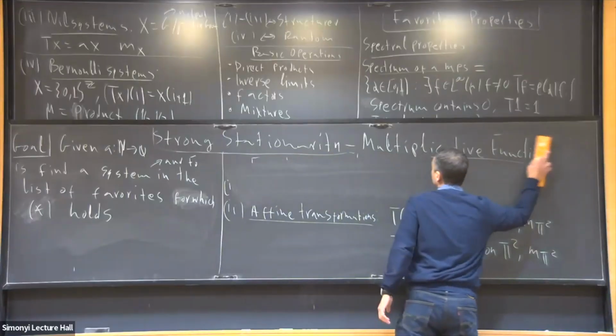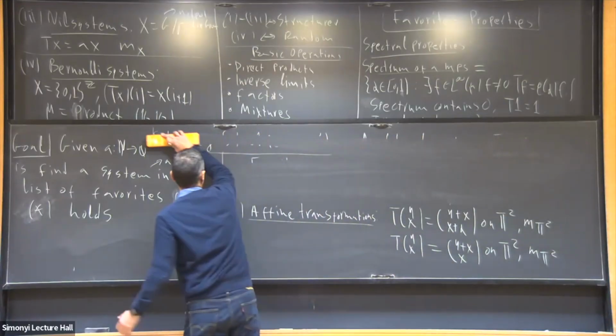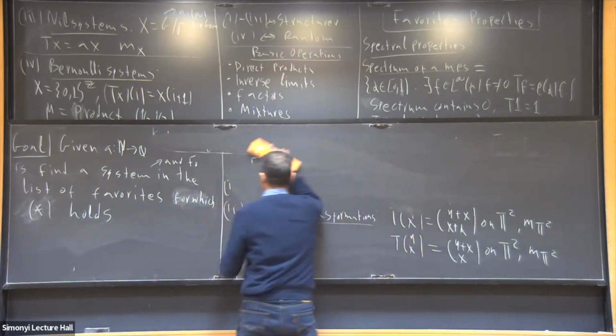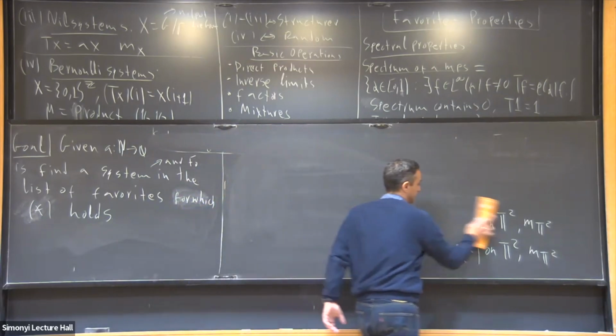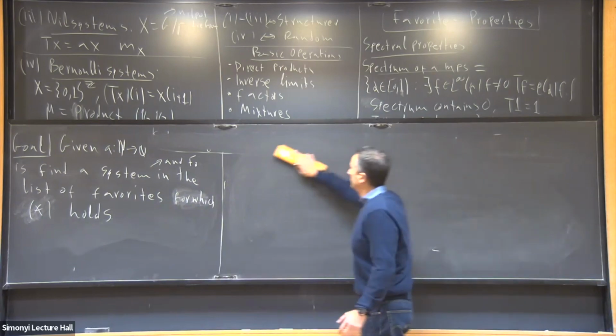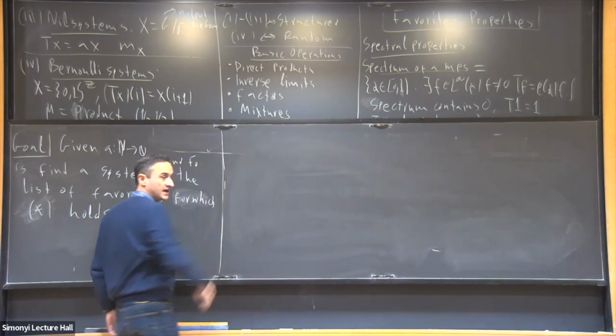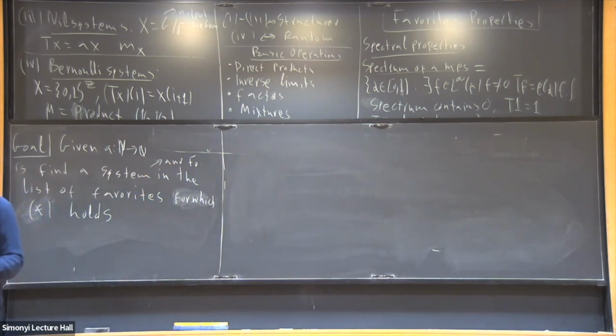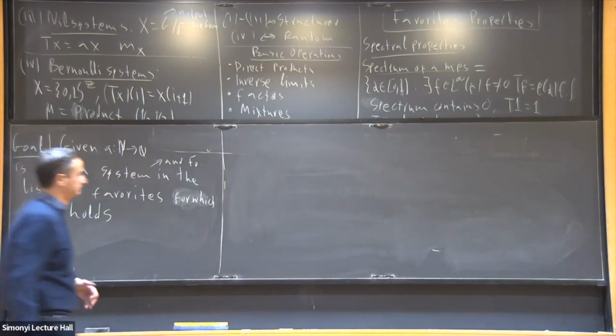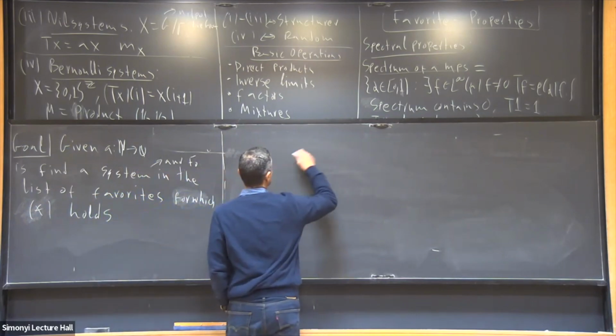So let me give you some examples of success where actually we can find the system. It's not always obvious. If the sequence arises dynamically, then it is obvious what you have to do. If not, then you're in trouble. But let's start with some examples.